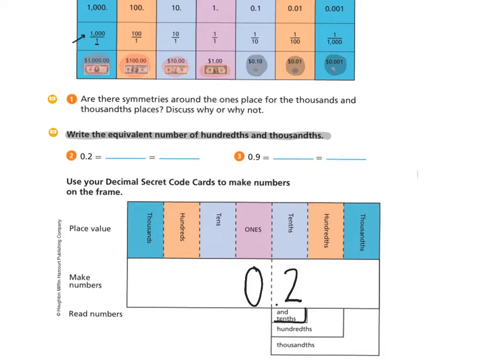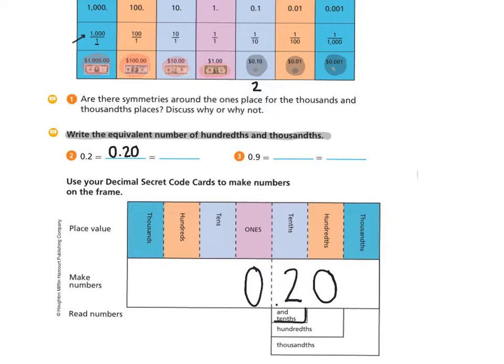If I wanted to create an equivalent number or equal number in the hundredth spot, well, how would I represent 2 dimes if I wanted to represent them with pennies? Well, if I wanted that to be the same value, then I would add a 0 because 20 pennies represent 2 dimes. So 0 and 20 hundredths.